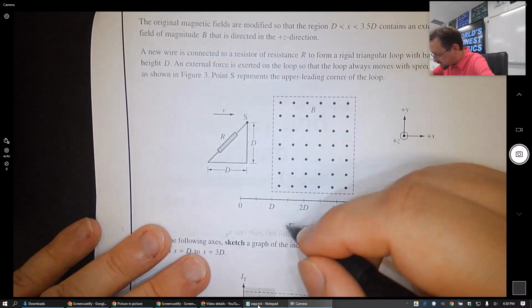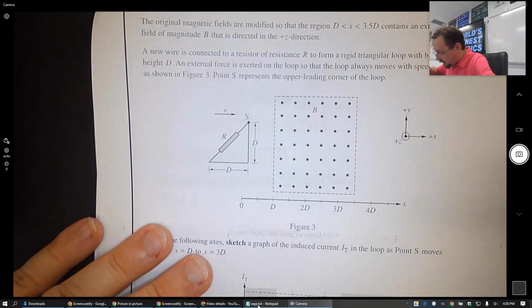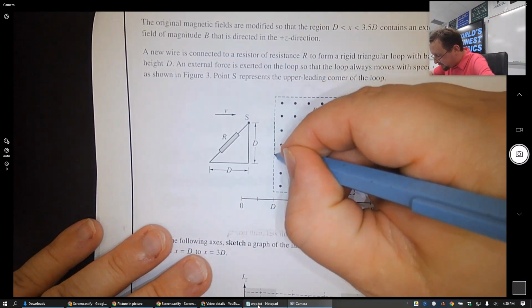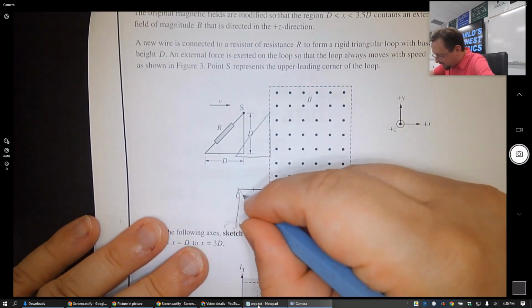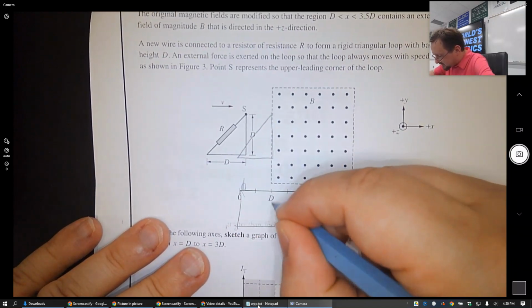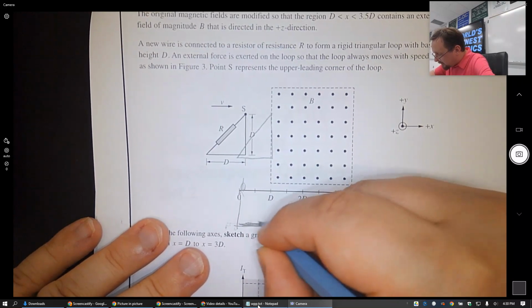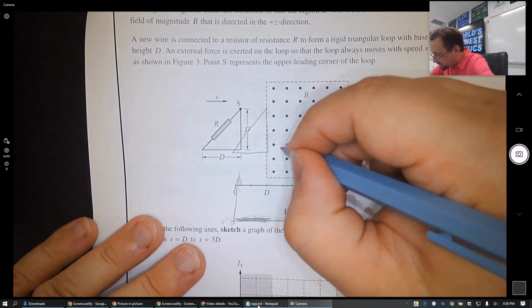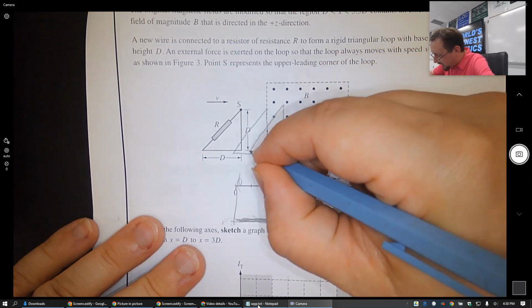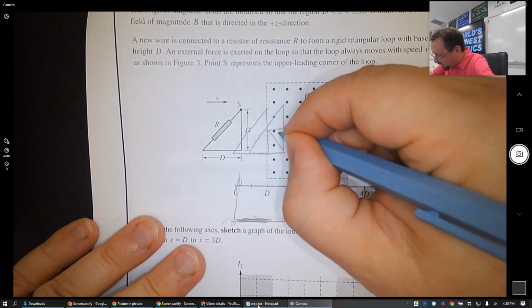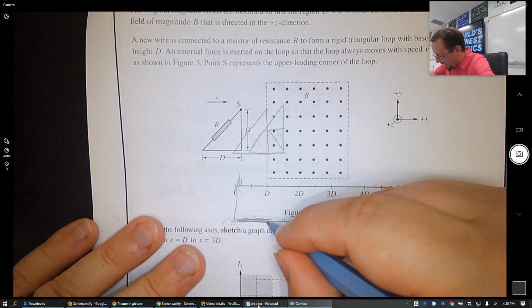Okay, so I'm going to sketch what the flux is going to look like. So once we get to D, like this, the flux is still 0, but then look what's going to happen. The triangle is going to be 3/4 in and 1/4 out.